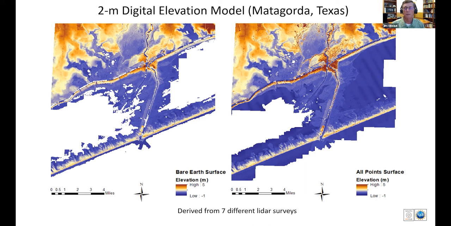On the left, it's a cleaner surface, so to speak, without the surface clutter. Of course, those points above the surface, vegetation, buildings, and all that, are data too. It's not just noise, but it's very important in what the LiDAR data tells us of those features that are on the bare earth surface.